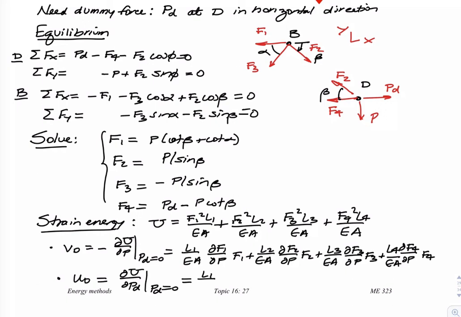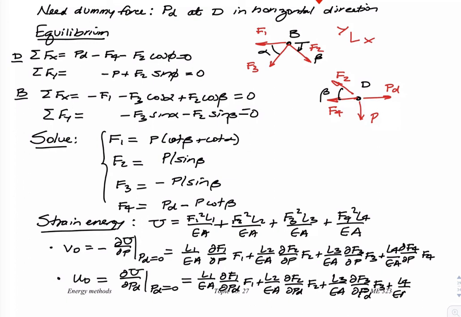So L1 over EA, partial F1 with respect to the dummy force PD, F1, L2 divided by EA, partial F2 with respect to PD, F2, L3 over EA, partial F3 with respect to the dummy force PD, times F3, and of course the L4 over EA, partial F4 with respect to PD, F4.